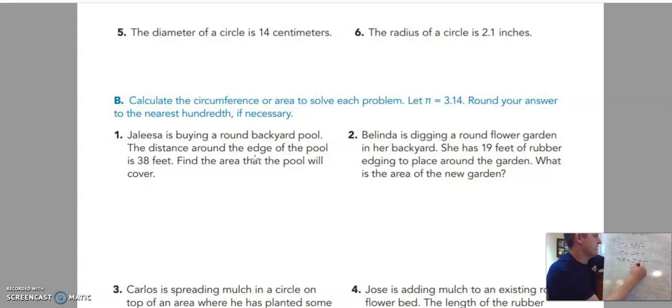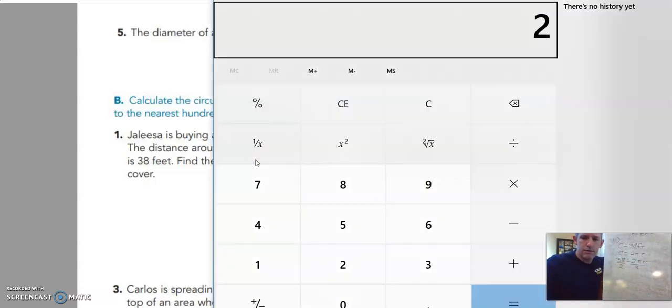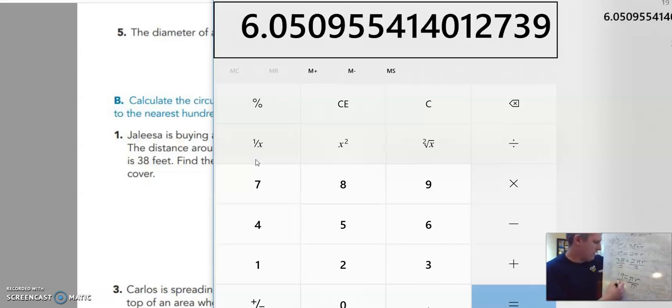So I need to divide both sides by 2. 38 divided by 2 is 19. So 19 equals pi r. So I need to divide both sides by pi. I'm going to divide this by 3.14, which is about 6.1. So our radius is 6.1.